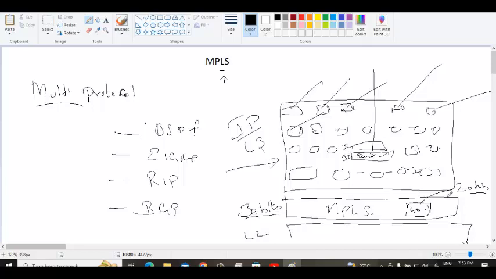For every network, there will be one label, like you have that FASTag. For every vehicle, there is one tag. By reading the tag, every toll knows that this is the owner of that car. Everyone will know that same thing, isn't it?